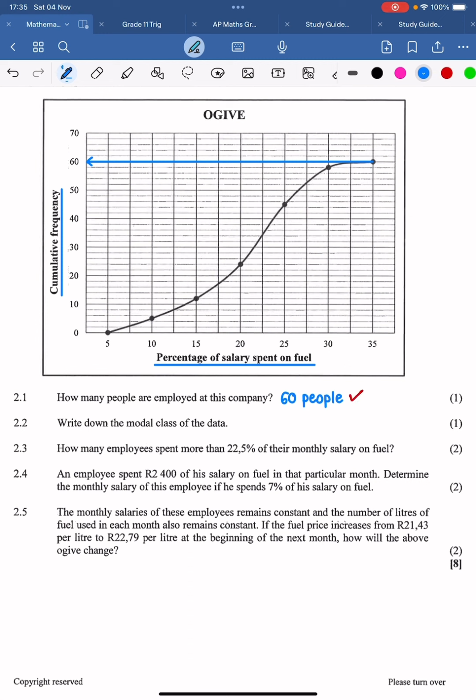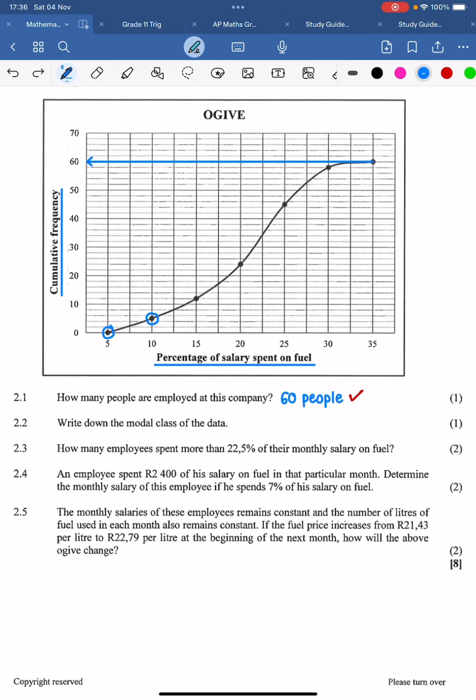The next question is now asking for the modal class of the data. Now guys, for the modal class, we're going to have to look for the biggest jump from one point to the next. If we're looking at the y-axis, we have 1, 2, 3, 4, 5 little bars making up 10.